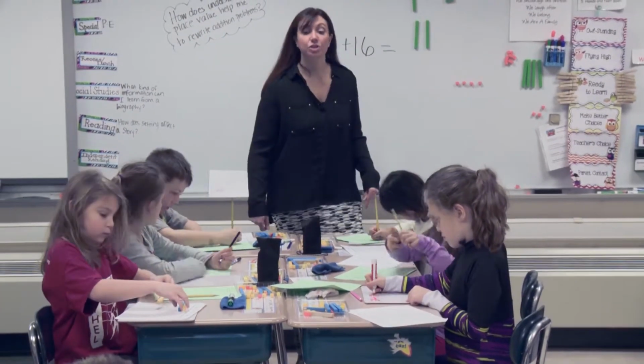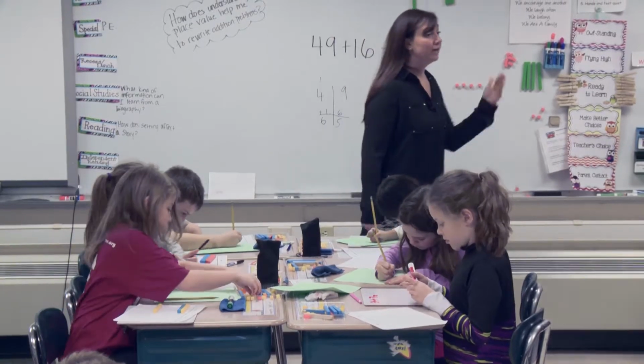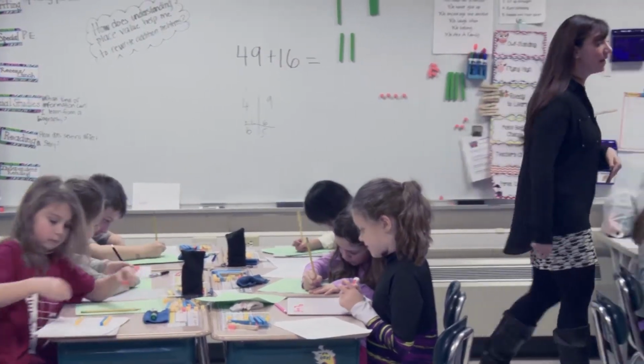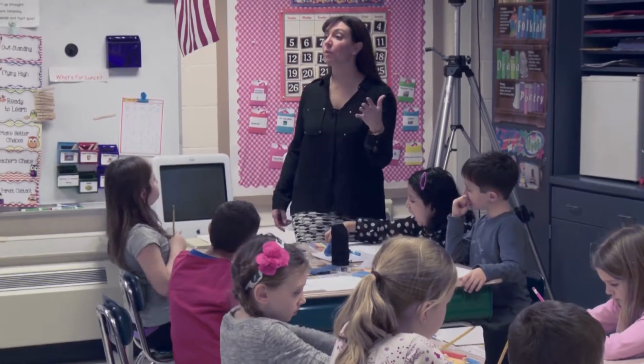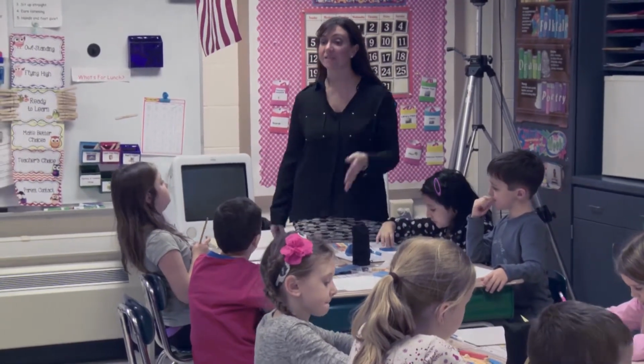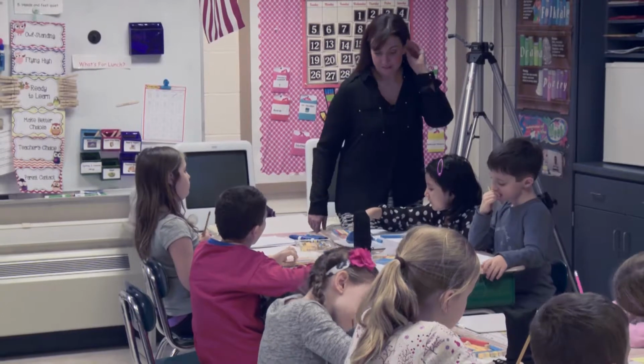Boys and girls, you should be rewriting it when you're solving. It's okay to rewrite it. 32. That's what I want you to do, so I can see that you're using what you know about place value and lining up the tens and the ones.